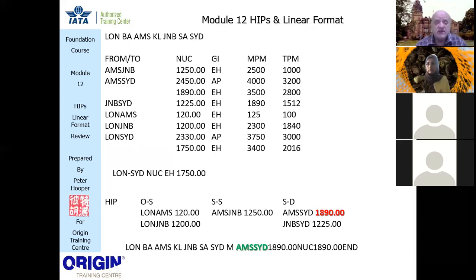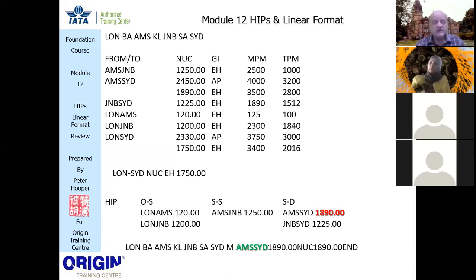EH, because we've got London area 2, Amsterdam 2, Johannesburg 2, Sydney 3, area 2 to 3. So it cannot be AP, it has to be the EH, 1750. Everyone happy with that? Okay.